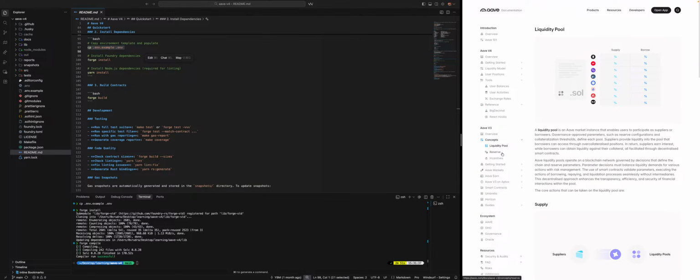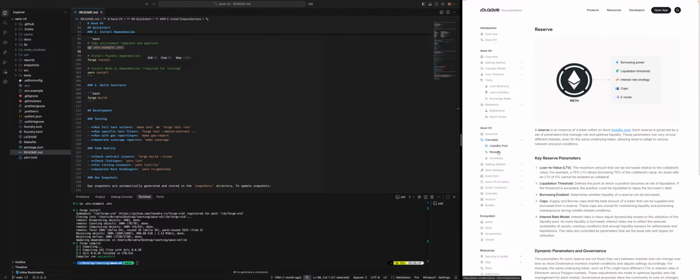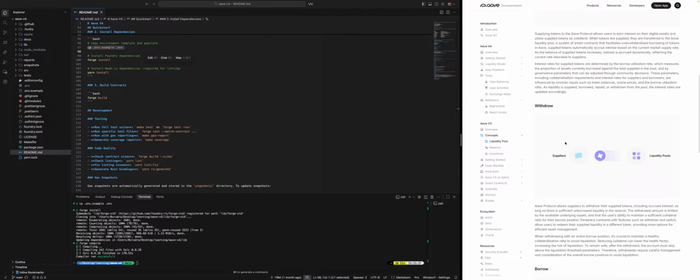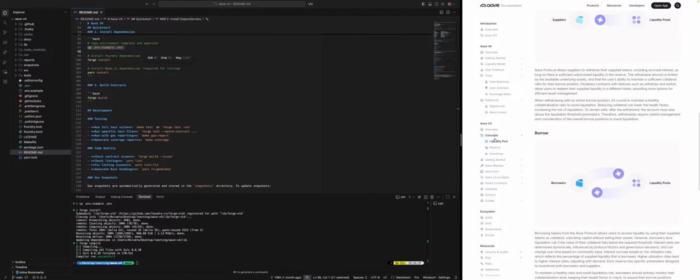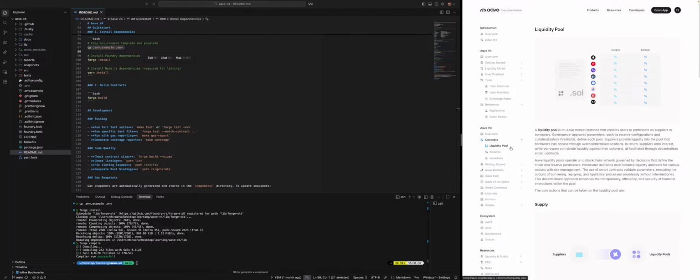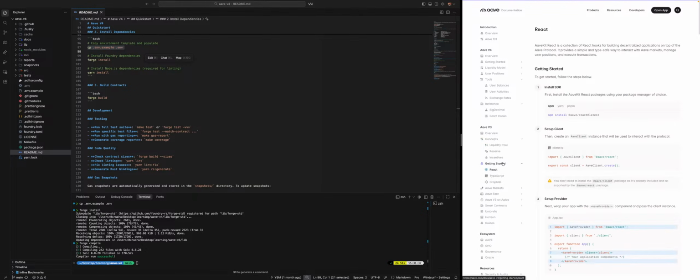But I'm curious about whether we should understand v3 as well. Would that actually help us or not? There's the concept section: reserves, liquidity pool. I think I'll go with the concept section of v3. Markets. Does it have markets?